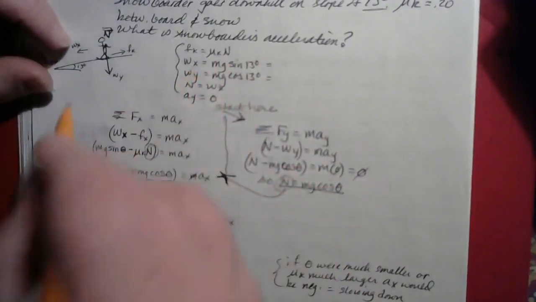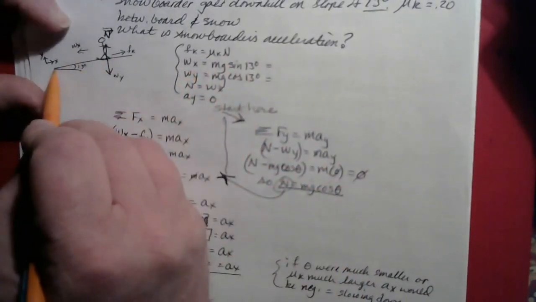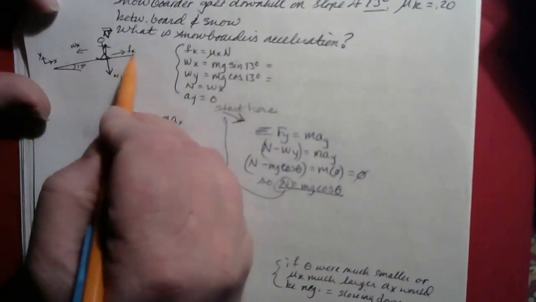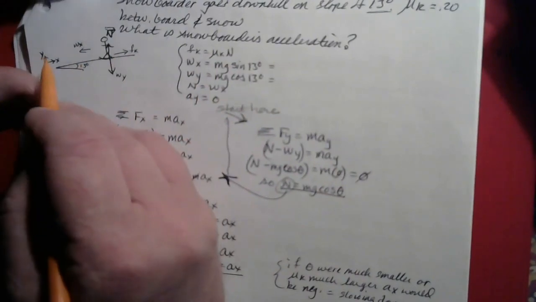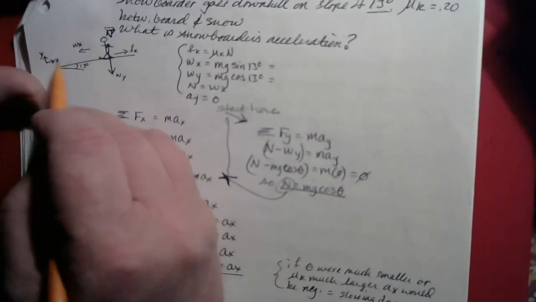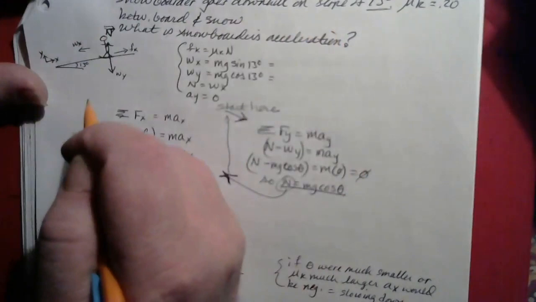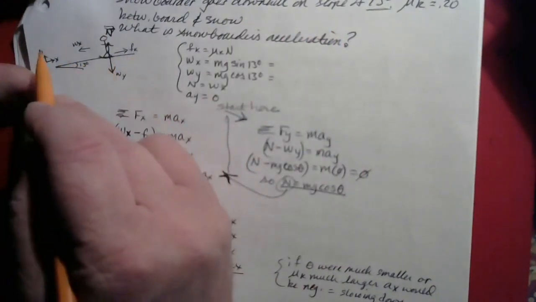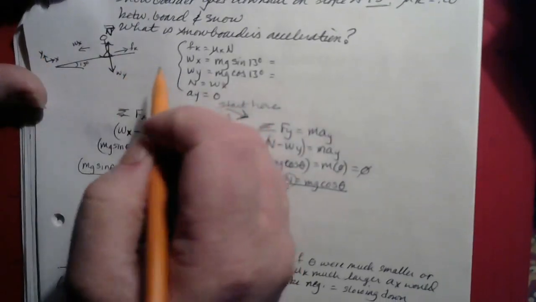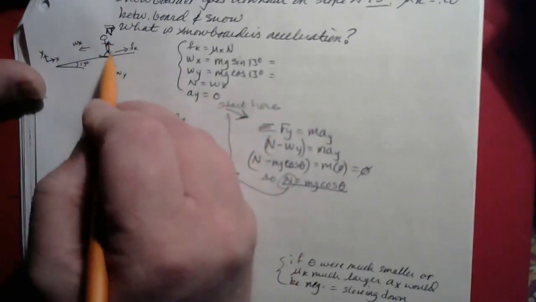We can draw the free body diagram where we have a gradual slope, a 13-degree slope relative to the horizontal. We would want to orient the axes so that one of the axes, the x-axis would be the more obvious one, goes along the slope, and the y-axis would be perpendicular to that. We have the snowboarder here.